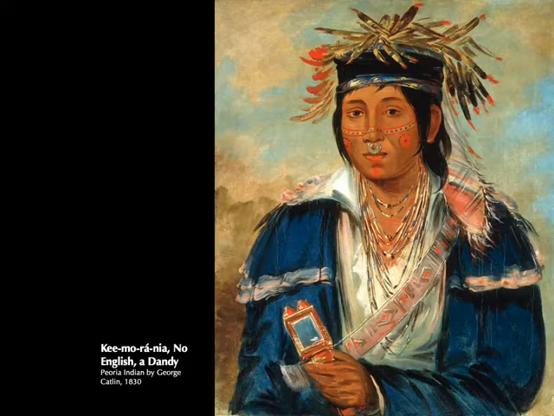Here's Kumurania, who was written here as a dandy by the artist, but I think we can disregard that. But we see here a Peoria man, Peoria was one of the Illinois tribes, who was wearing a blue wool jacket in the style of a European officer or merchant.